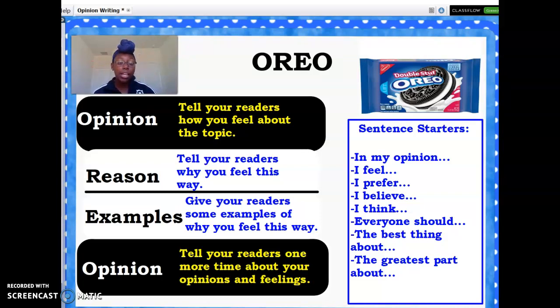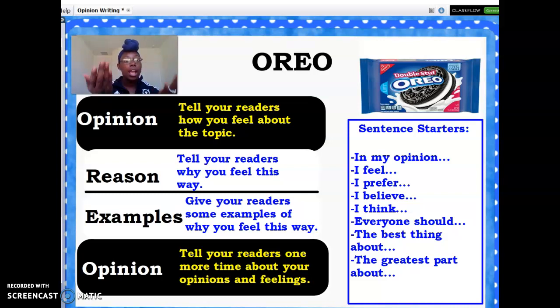The last part of your graphic organizer is the O for Oreo again. And now we know that O stands for opinion. So simply, you're going to tell me your opinion one more time. And it's the exact same opinion that you used at the beginning of your Oreo graphic organizer. So, to go through our Oreo one more time.